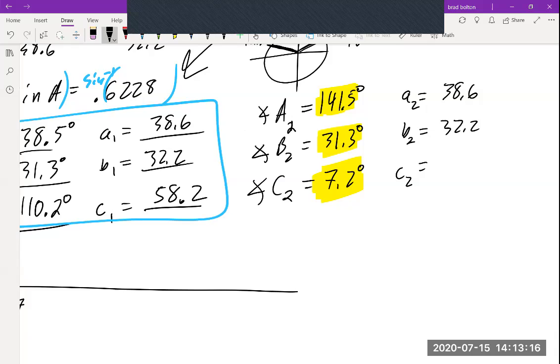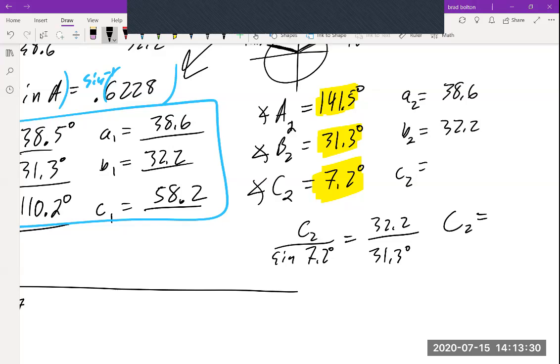So then C2 over sine of 7.2 degrees is equal to 32.2 divided by sine of 31.3 degrees.